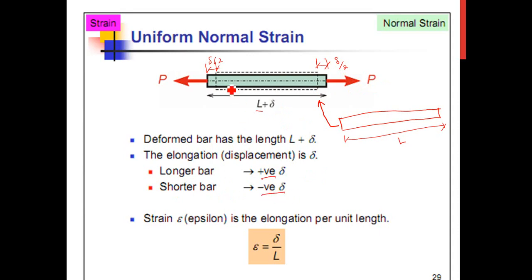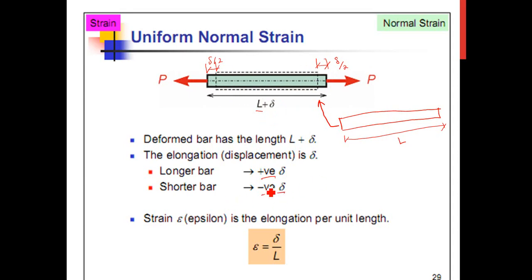If the bar becomes longer due to the load P, that's what we call a positive deformation. However, if the P causes the bar to become shorter, that's what we call a minus delta, so we say that the deformation delta is negative.